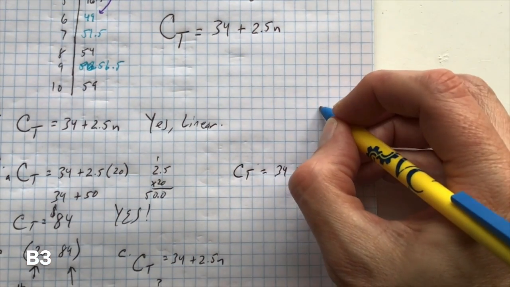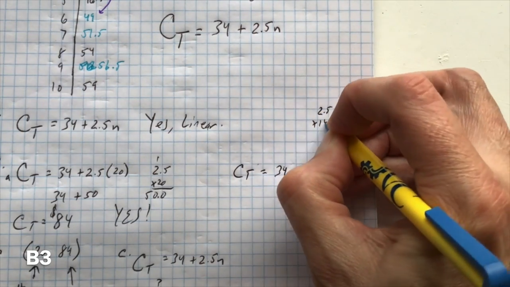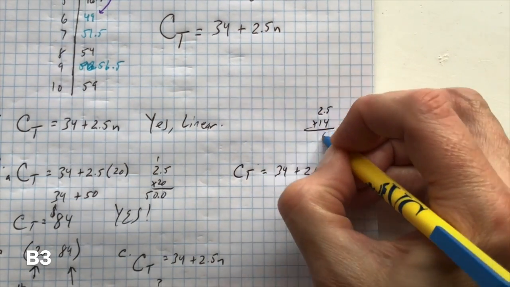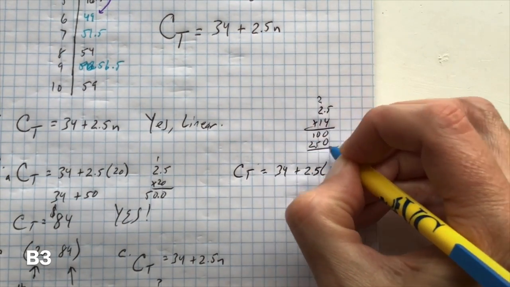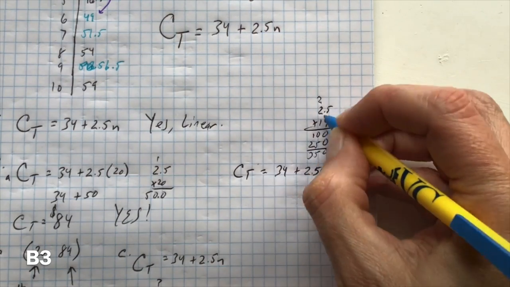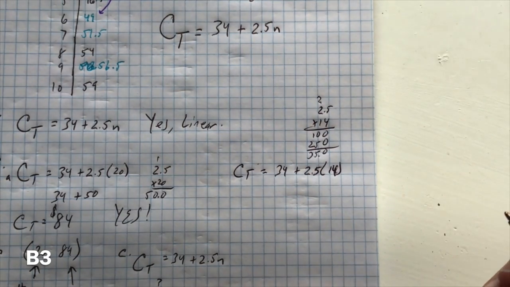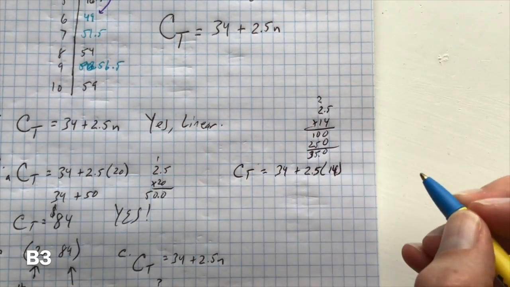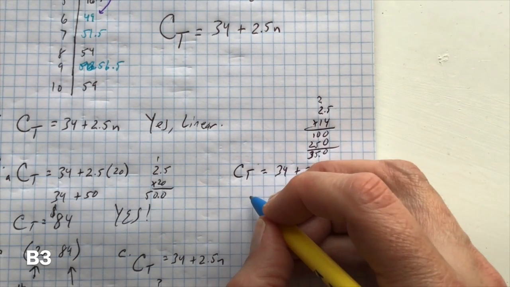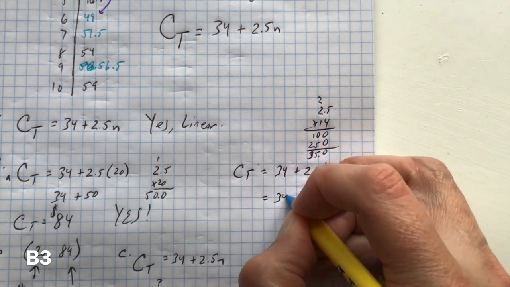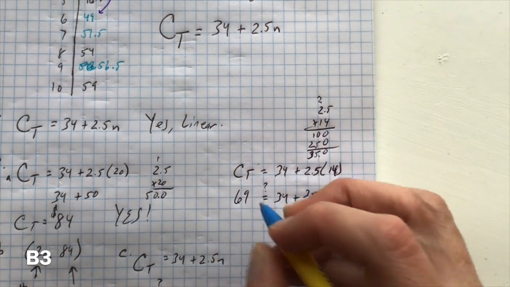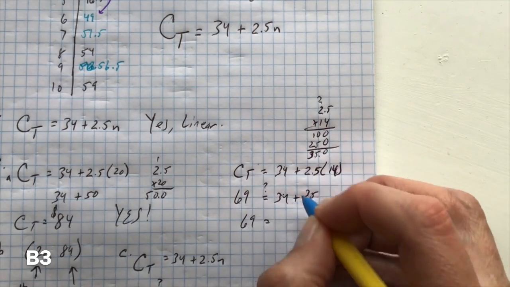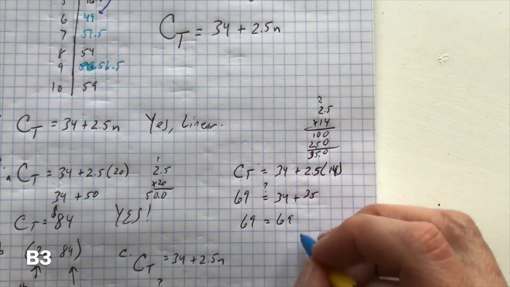If I do 2.5 times 14, got 20 and 0 down, 5 and 2, 0, 5 and 3. Okay. So that's going to be $35. So this is going to be that 34 plus 35. Does that equal 69? Hey, look at that. 69 is equal to 69. Yes. All right, I hope that was clear.